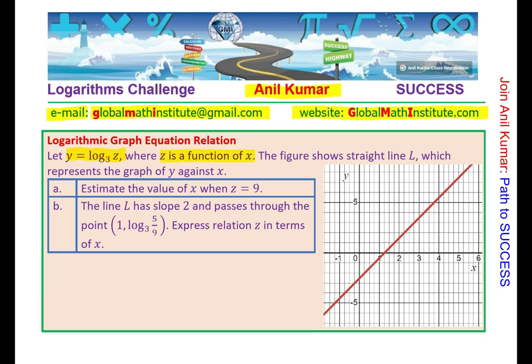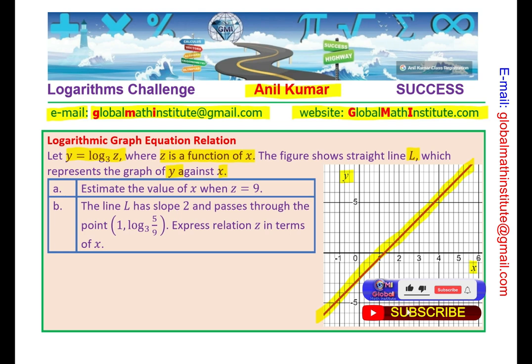The figure shows a straight line L, which represents the graph of y against x. So this is y and that is x. Part A is: estimate the value of x when z equals 9. That is not difficult. Let's just plug in and get the value.